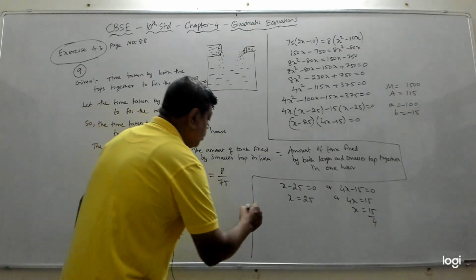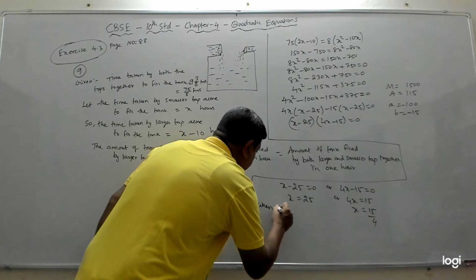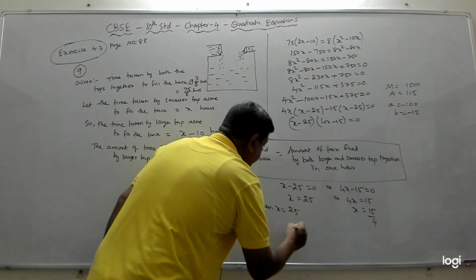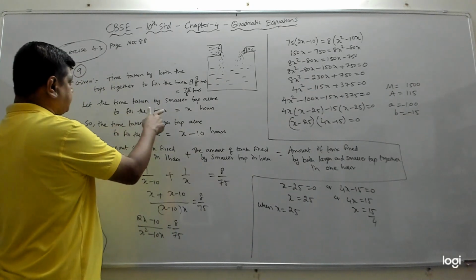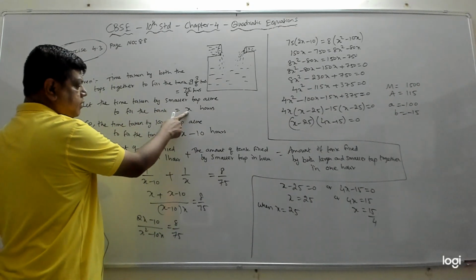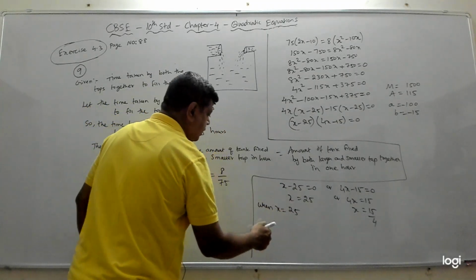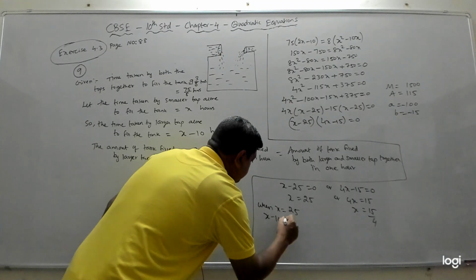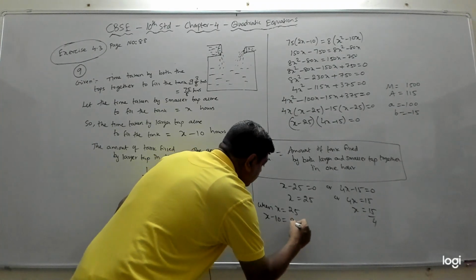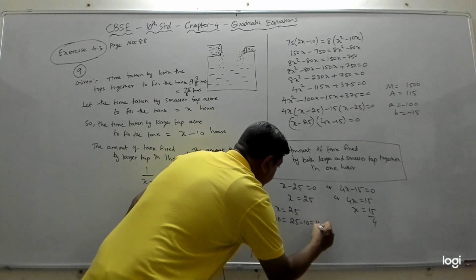Now when x is equal to 25, the time taken by the smaller tank to fill is x hours. So when x is 25, we have to find what is x minus 10. X minus 10 will be 25 minus 10, which will give you 15.